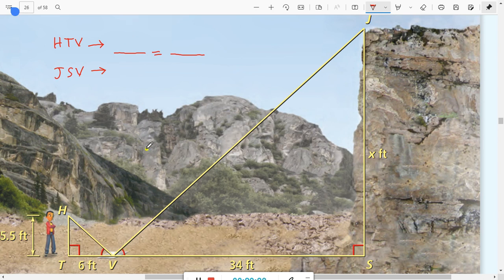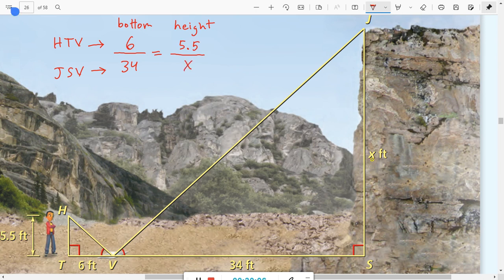And the first fraction is going to be the bottom part. And the second fraction is going to be the height part. All right. So the bottom of the small one is 6. The bottom of the larger one is 34. So that's 6 over 34. The height of the small one is 5.5. The height of the big one is X.